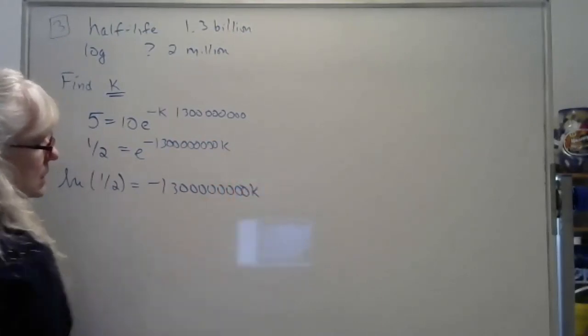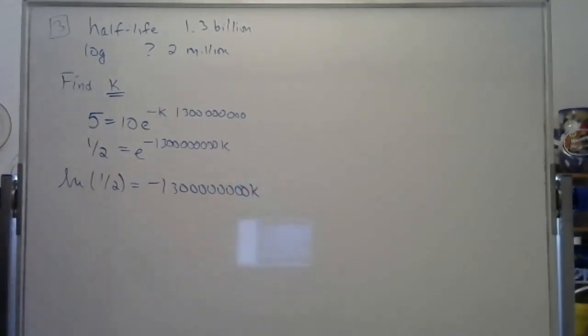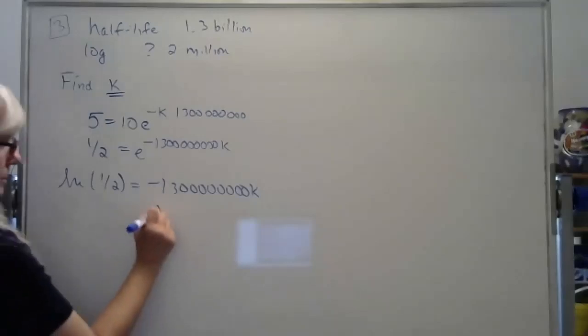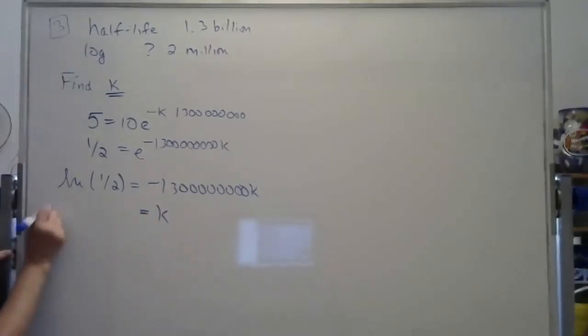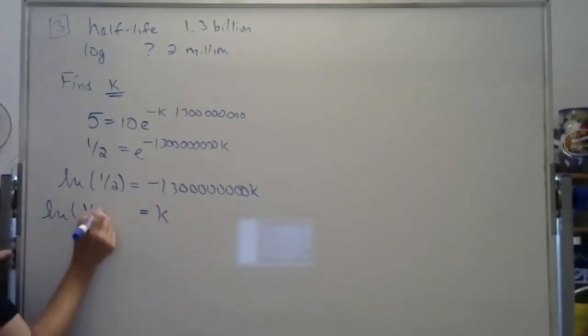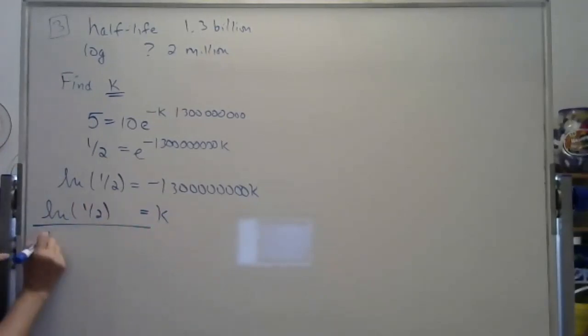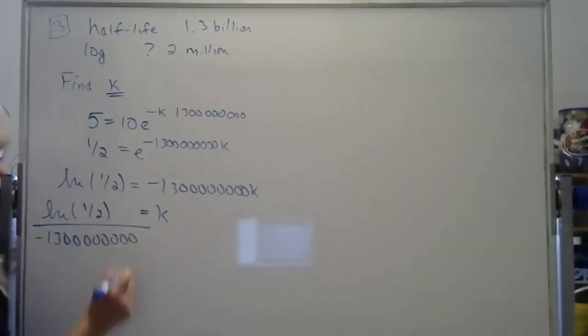And the natural log of E disappears because it's 1. And then all we have to do is divide. So the natural log of 1/2 divided by that is going to be pretty tiny.